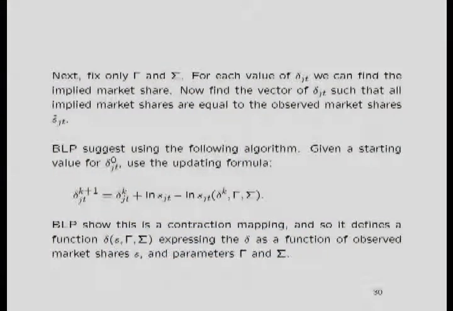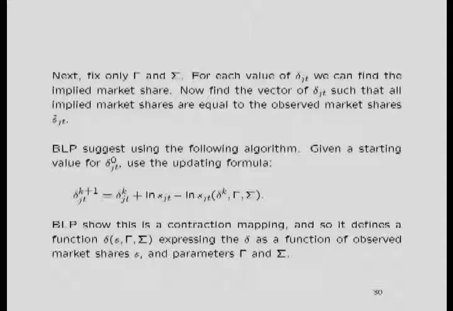Then the next step is to fix only the last two parts, the gamma and the sigma, and now look at that function and try to figure out for what values of delta you actually match the implied market share to the observed market share.